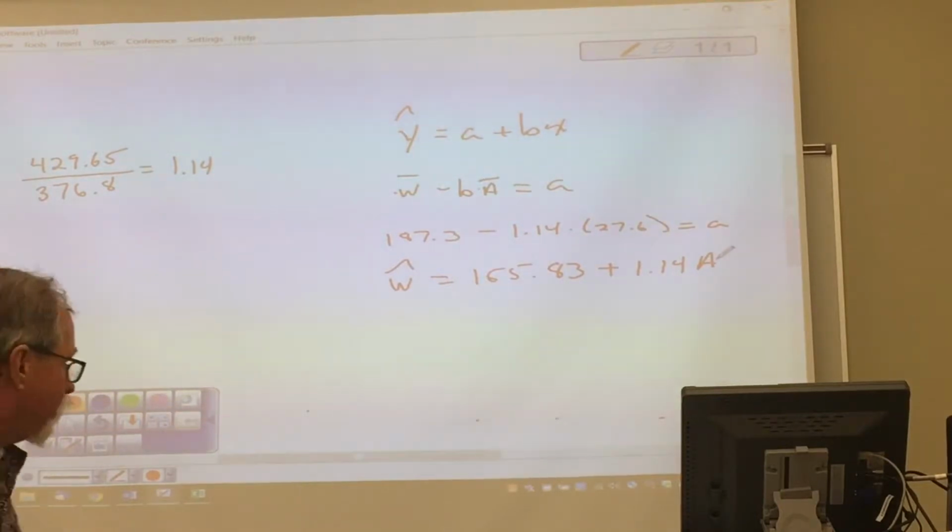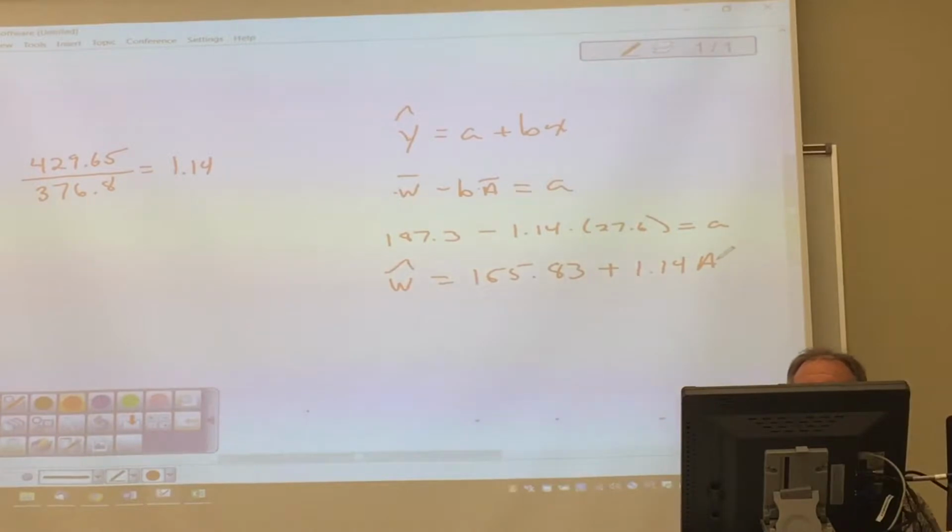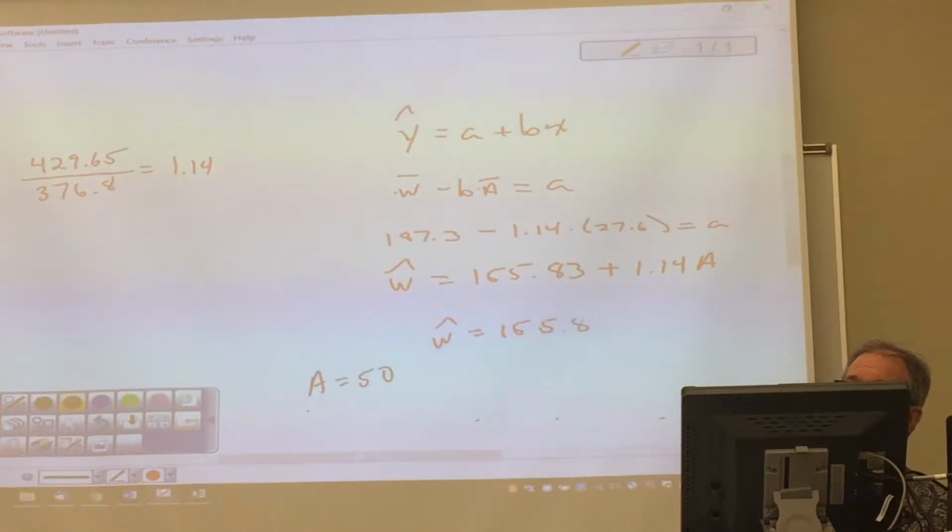Which theoretically says, if we had somebody who was 50 years old, we could take this equation and predict a weight for that person. By saying, well, their estimated weight would be 155.83 pounds plus 1.14 times 50.